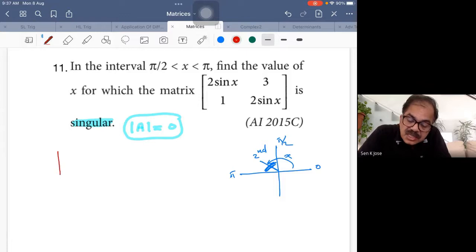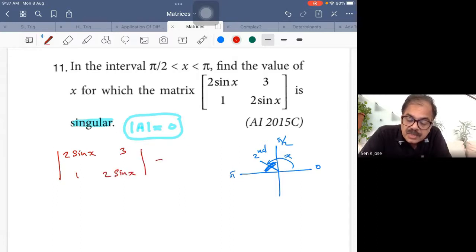So, since it is singular, determinant 2 sin x 3 1 2 sin x has to be equal to 0. So when you cross multiply, you will get 4 sin square x minus 3 is equal to 0.